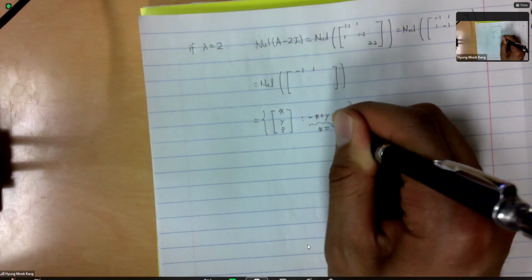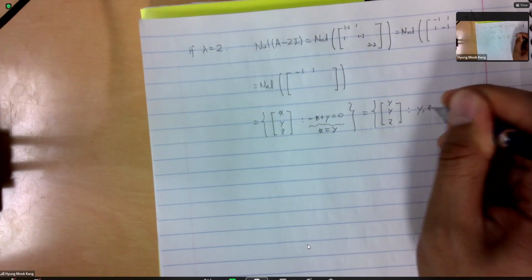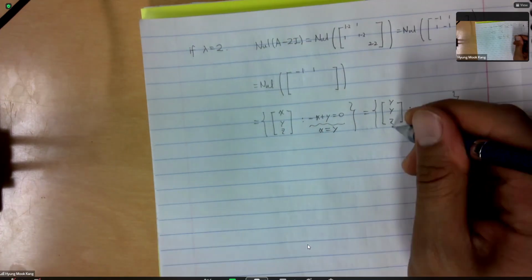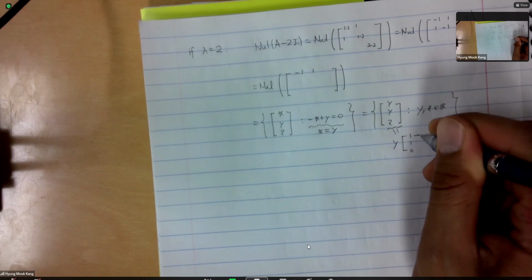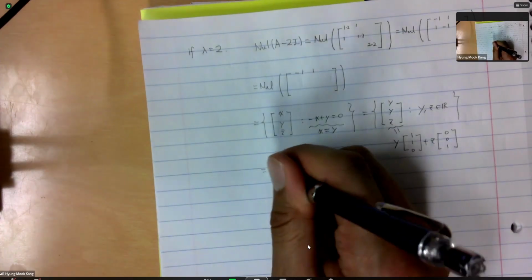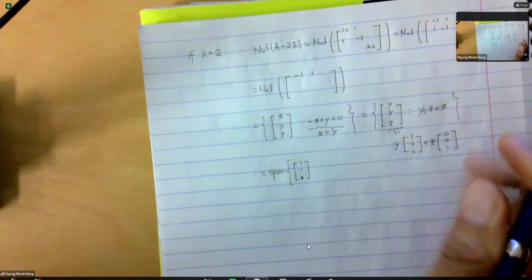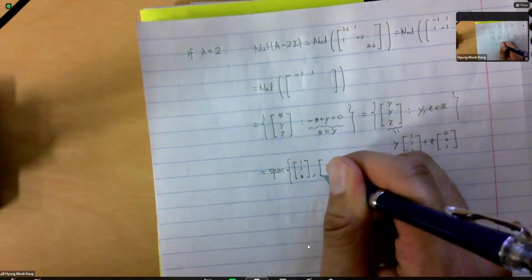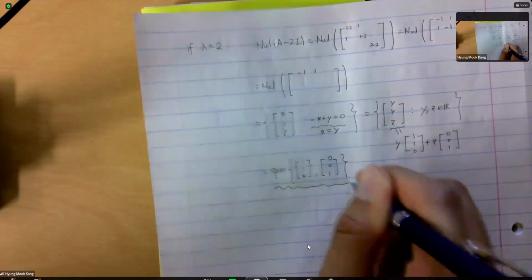So this is the set of all y, y, z, where y, z just vary. Taking y out, 1, 1, 0, taking z out, 0, 0, 1. So this actually is the span of 1, 1, 0 and 0, 0, 1. Okay, we got the eigenspace here.